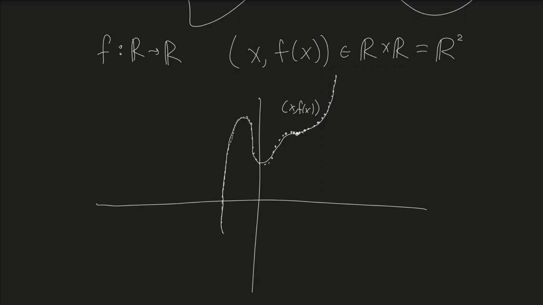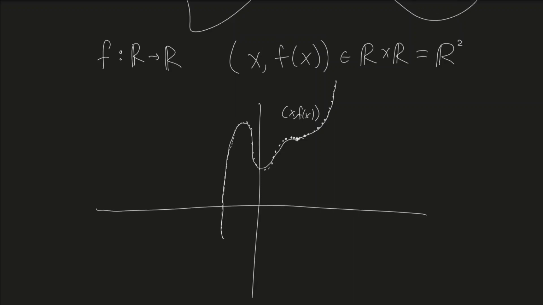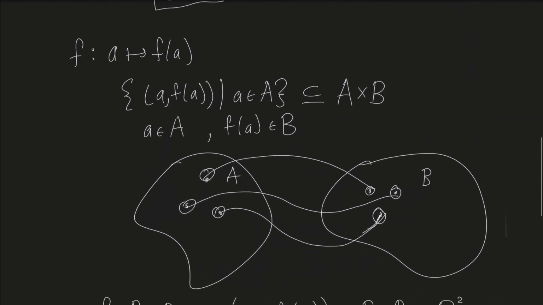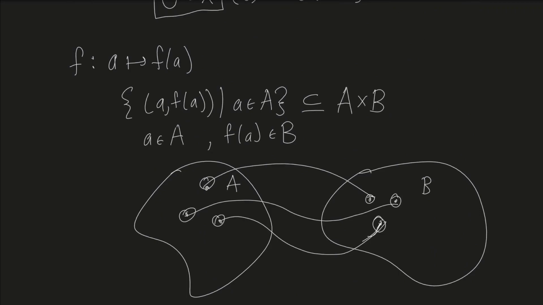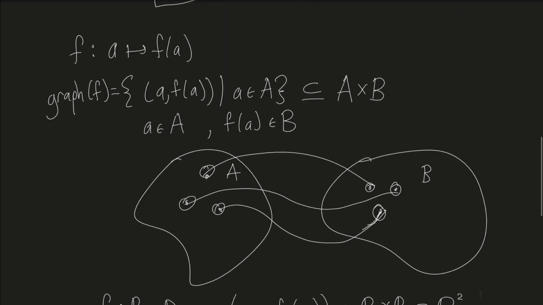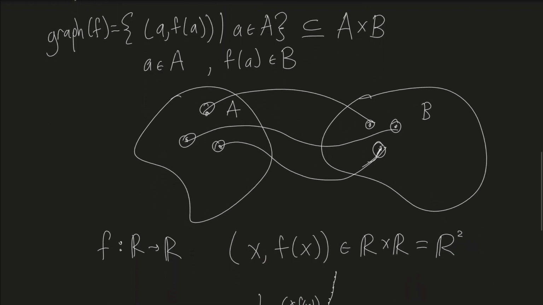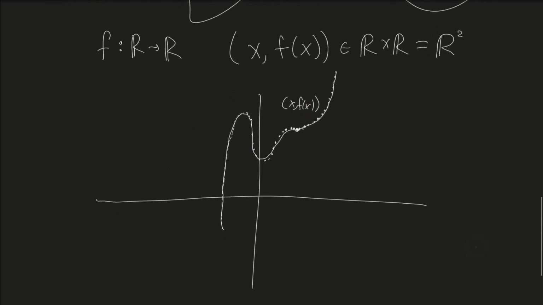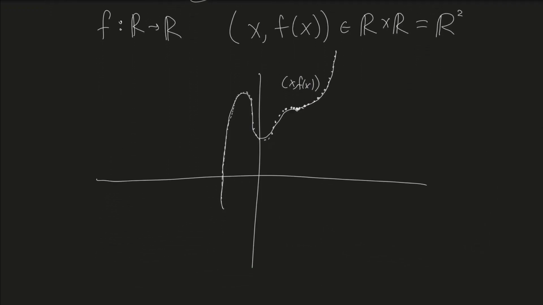I feel like that has to be pretty cool, at least for you guys. And so that's exactly why we call this set the graph of f. So we've made this abstract generalization of the idea of a graph, and we've seen how, in the cases that we're familiar with, it actually corresponds to what we are familiar with as the idea of a graph of a function.